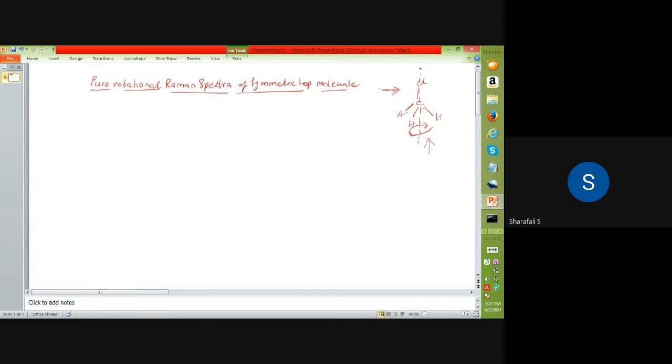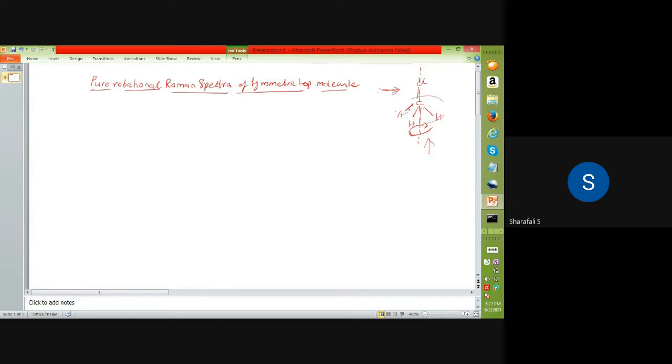Let's assume that this is the axis that we are considering now. With respect to this axis, this molecule is rotating. Then what is the polarization produced in each of these bonds? That will be the same.